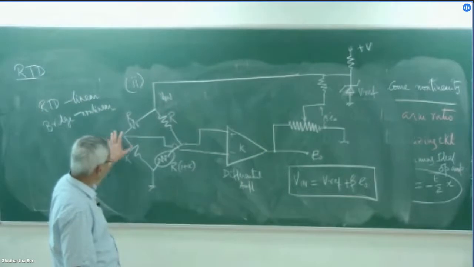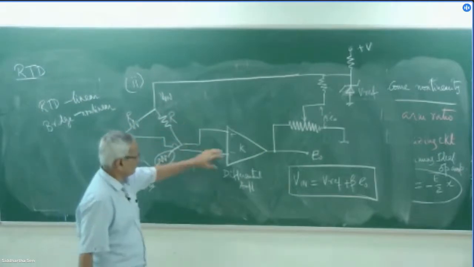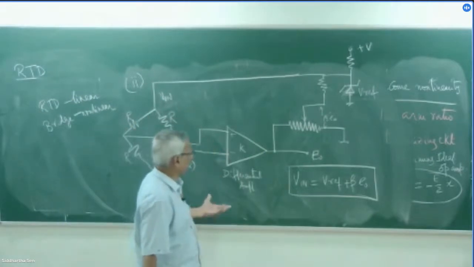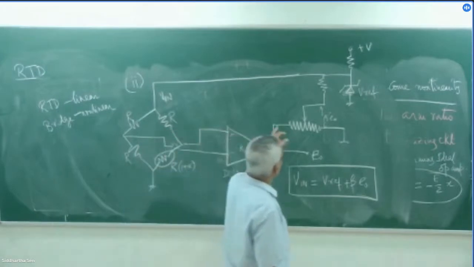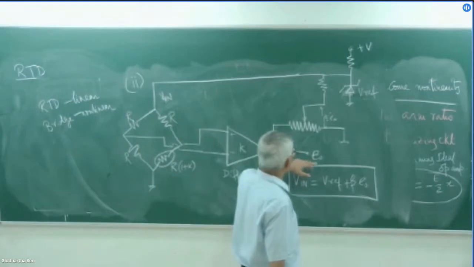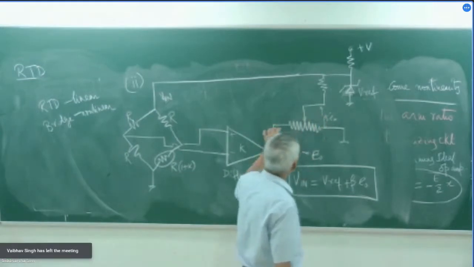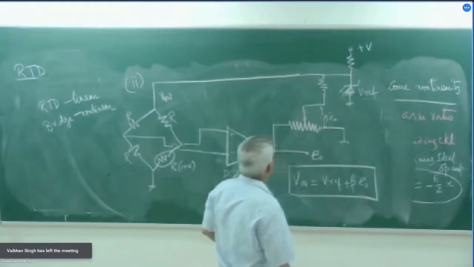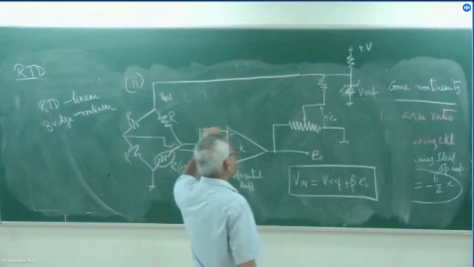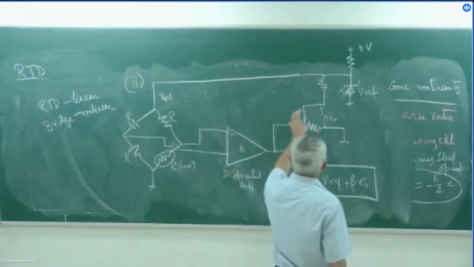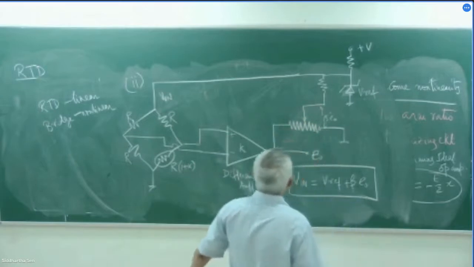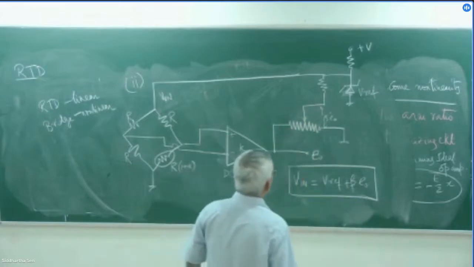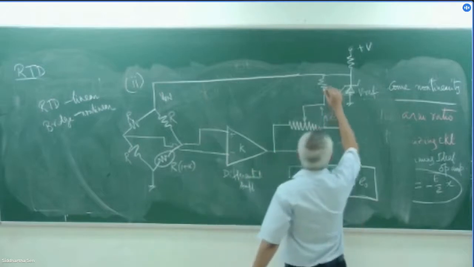The bridge output voltage is first amplified by a differential amplifier, maybe an instrumentation amplifier, and then it is the output voltage E0 and goes to a potentiometer. By setting this potentiometer, we make it, suppose, beta into E0. This is a schematic diagram, so I am not showing all the things.